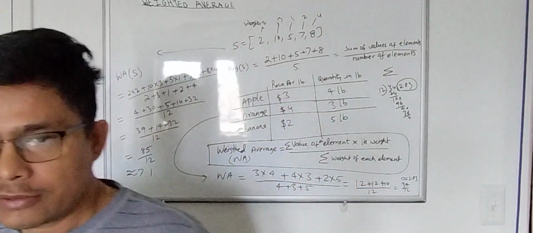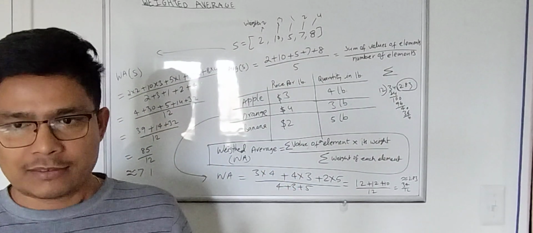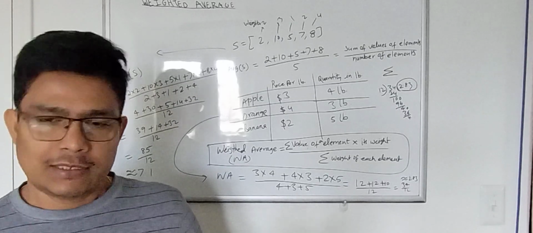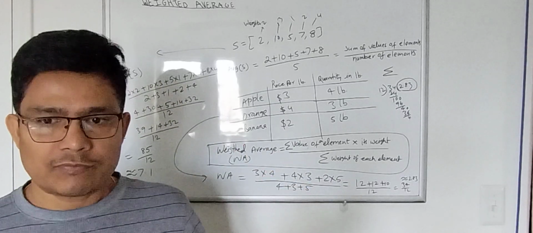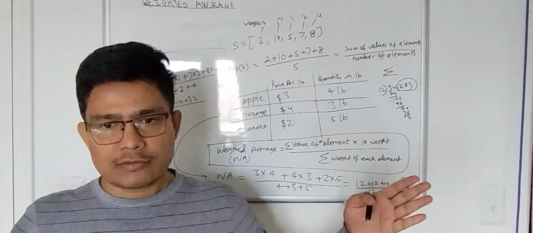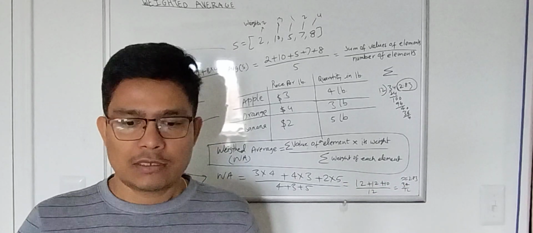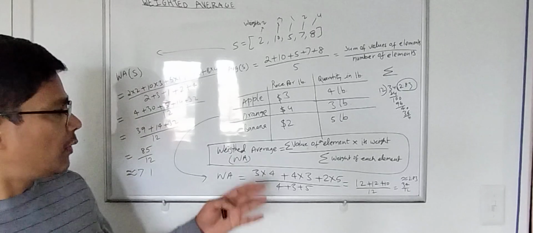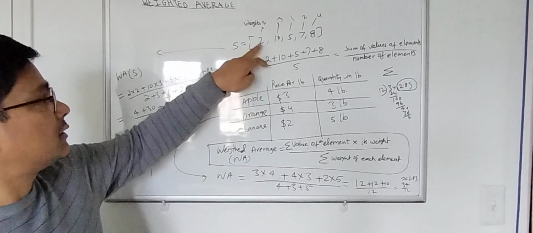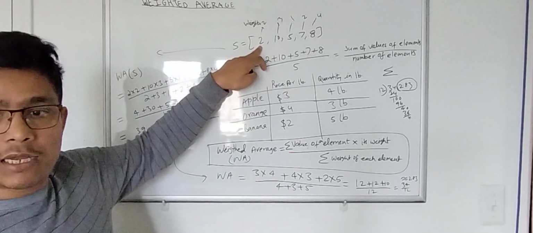So now it should be clear. It's not difficult. In the normal average computation, you took the sum of the values of all the elements divided by the number of elements. In the weighted average, you have two things: the value of the element and its weight.